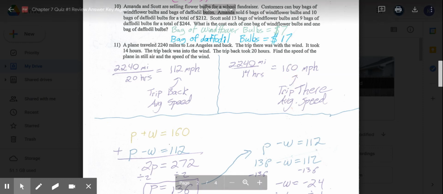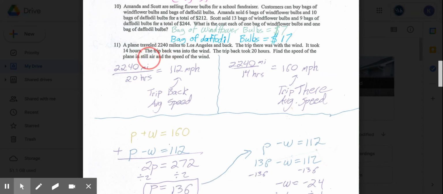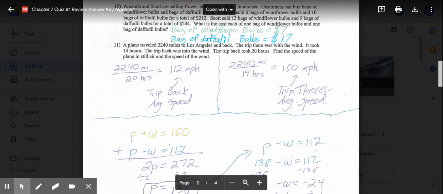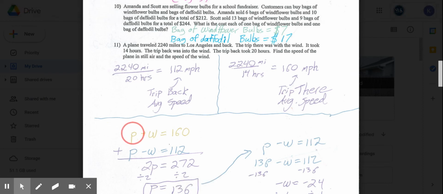They want us to find the speed of the plane when there is no wind in the air, so in still air, and the speed of the wind. What I know is they told us the trip there was with the wind. So my equation would be plane speed plus the wind speed, because it's in our favor, equals that 160 miles per hour.